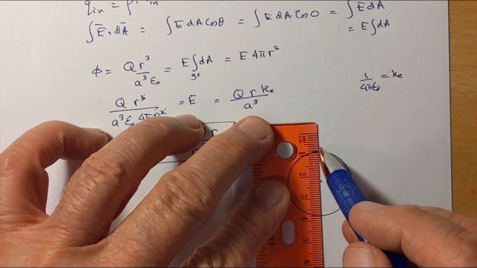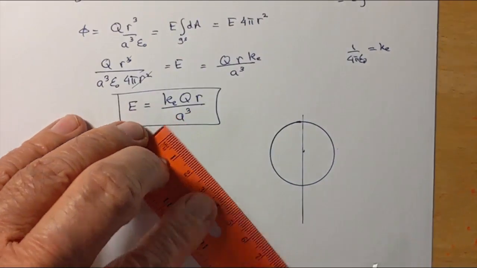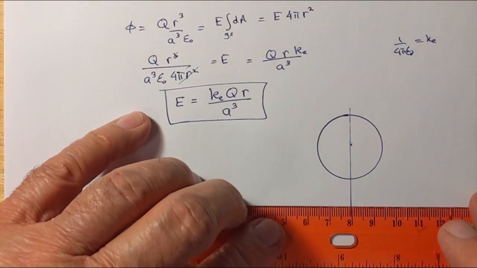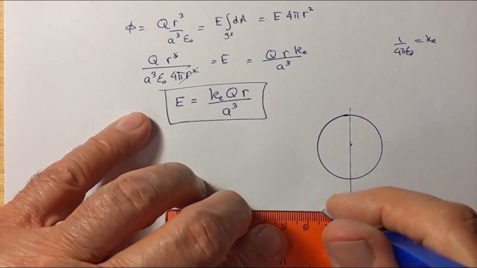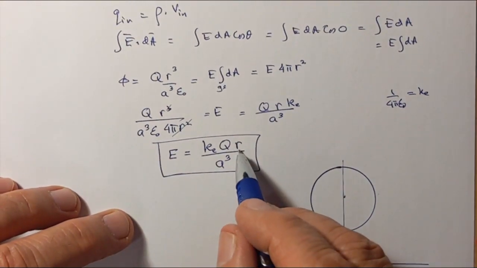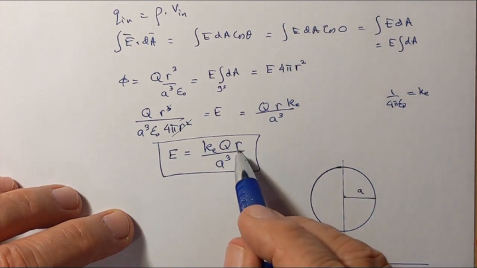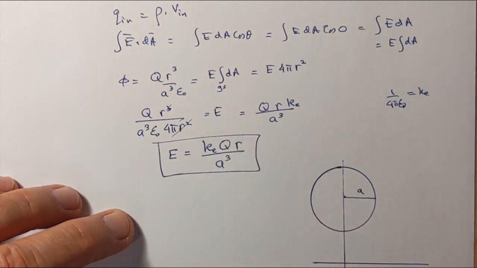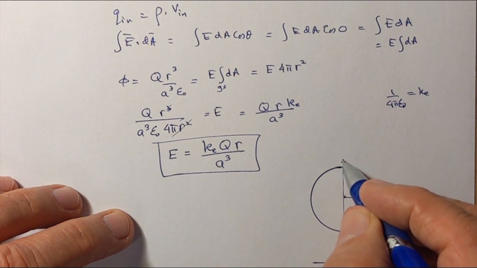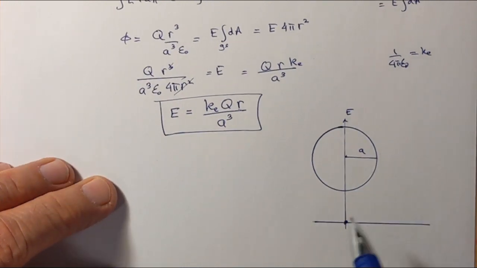So let's draw a line here. When R is 0, this distance is A. When R is 0, this whole thing is 0. So the electric field right in the middle is going to be 0.